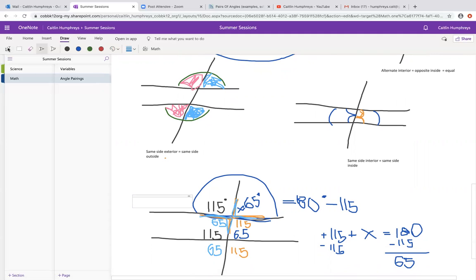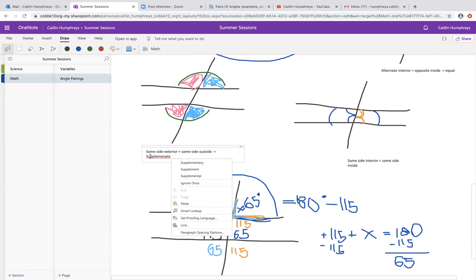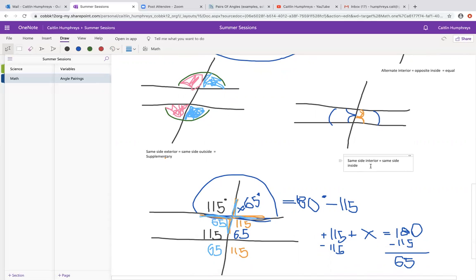So what is it called when they equal 180? Supplementary. And notice our same side interior, 65 and 115, that makes a straight line, which is, again, supplementary. So think interior, or same side, supplementary. You sit at the same side at supper. Supplementary.